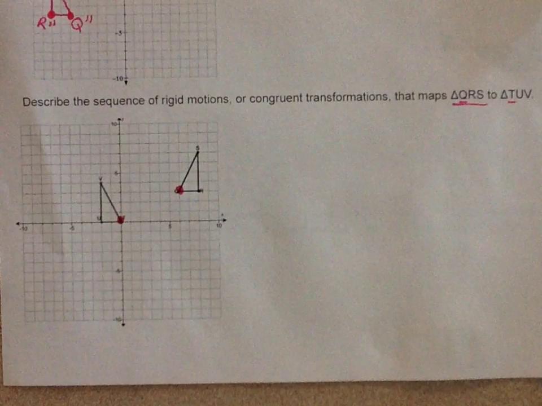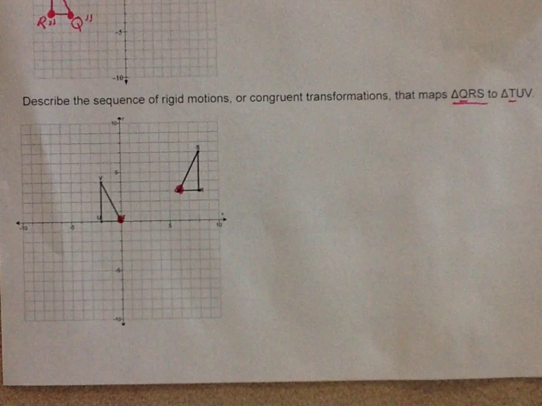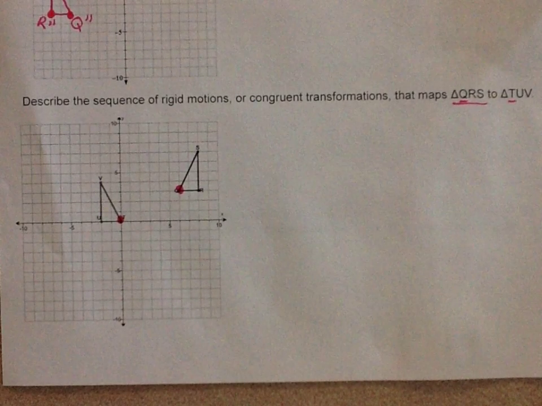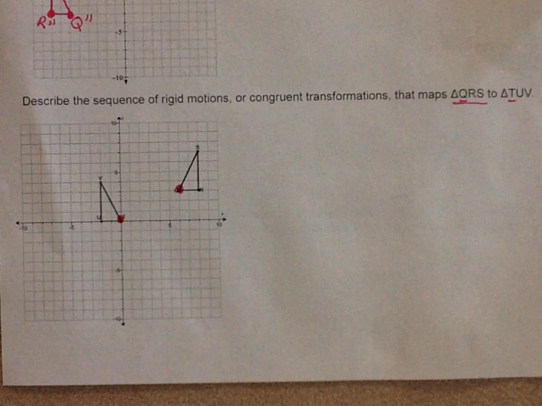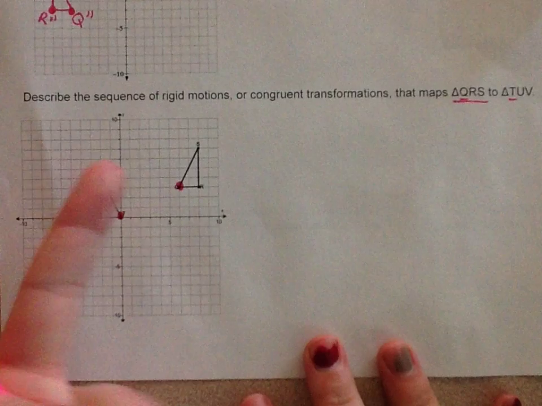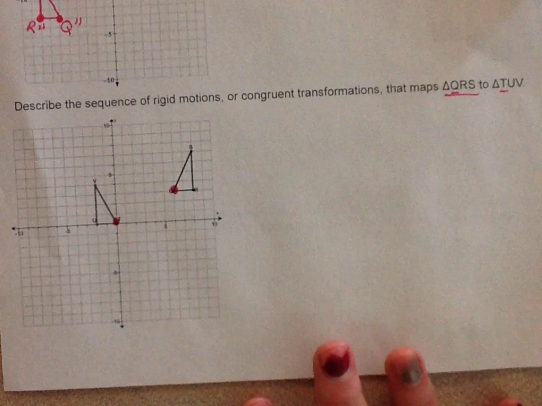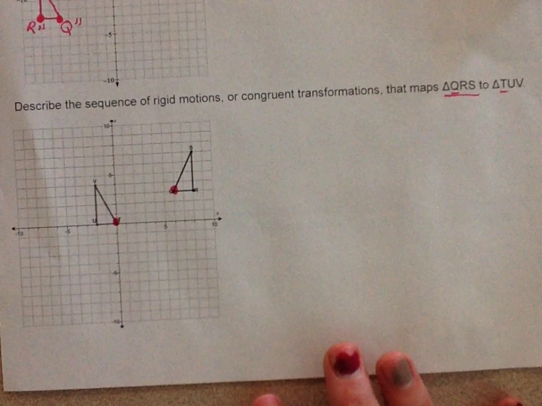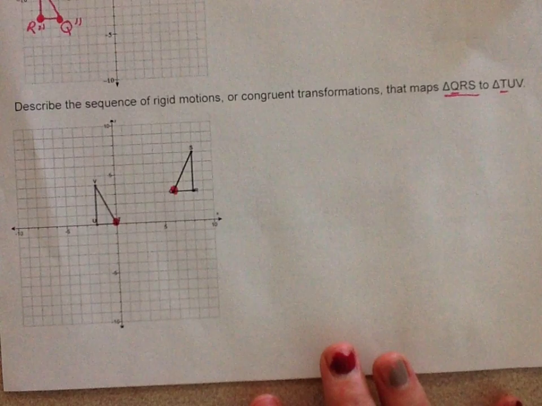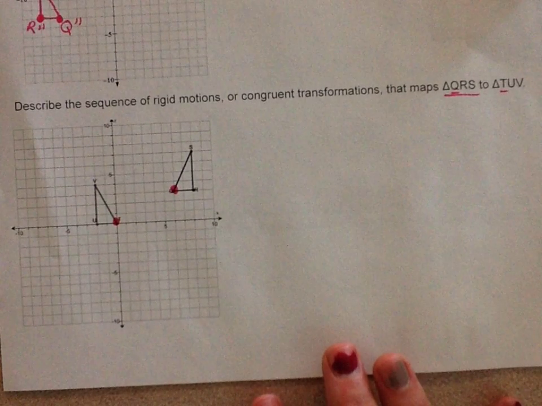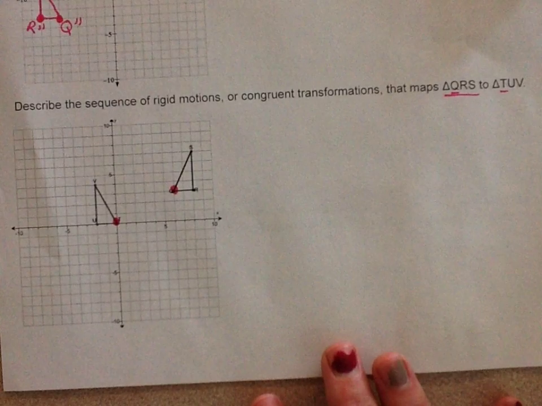First of all, this shape is a little bit easier to tell. Has this been reflected or rotated? Reflected. Does everyone see how this is a reflection because it actually flips? It doesn't just turn. Do you see that? This is where it helps to know that a reflection is a flip, and a rotation is a turn. So I know that I'm going to be reflecting. Does anybody know the line of reflection?